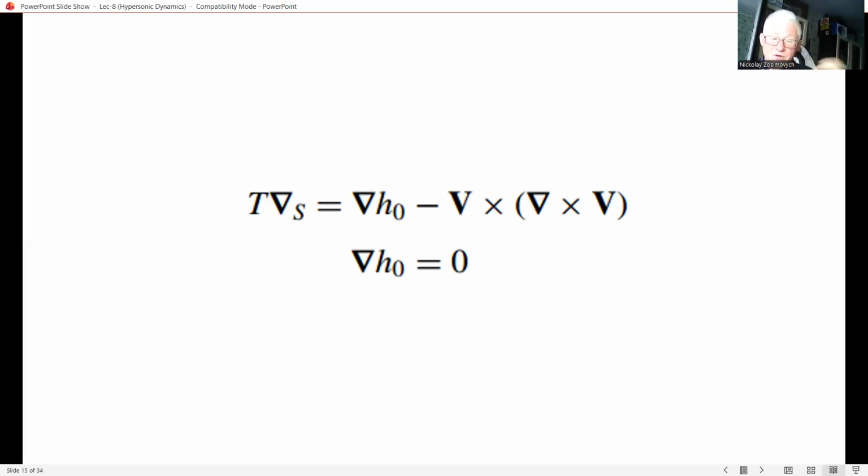So with nabla H naught equal to 0, we see that an entropy gradient, nabla S, directly produces vorticity in the flow, and hence makes such flows rotational. For hypersonic applications, these flows can be highly rotational.